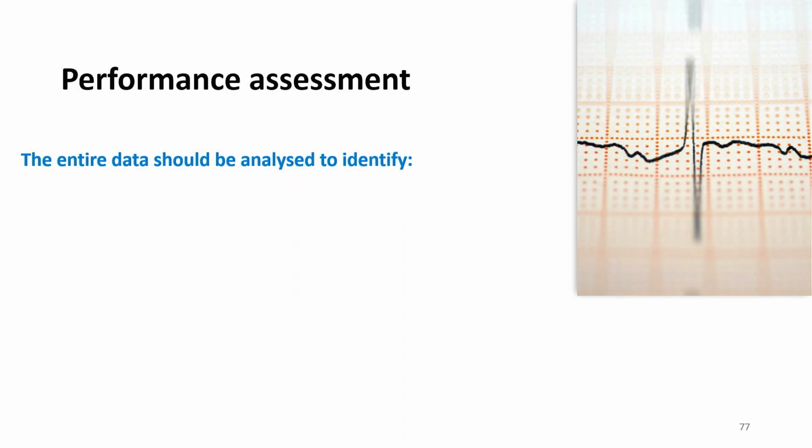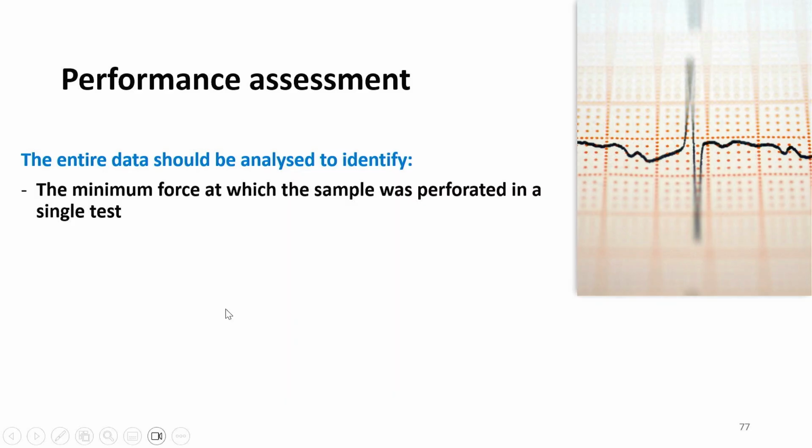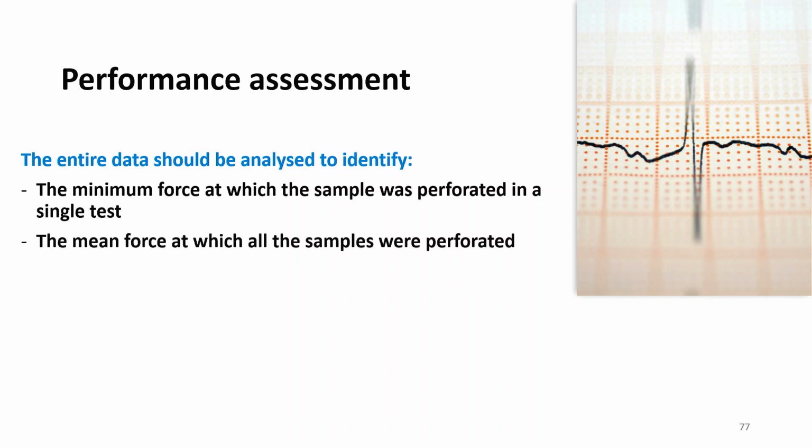The entire data should be analyzed to identify the minimum force at which the sample was perforated in a single test. There are 12 data, so the minimum force will be considered and recorded, and the mean force at which all the samples were perforated will be recorded.